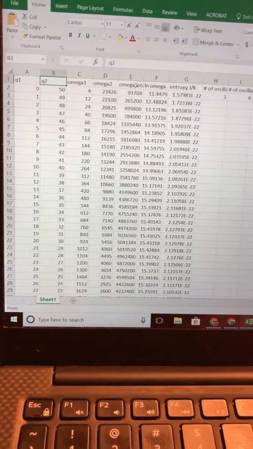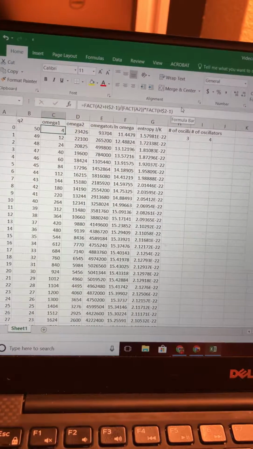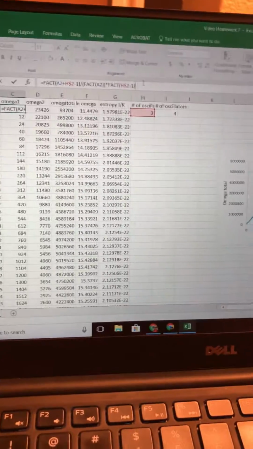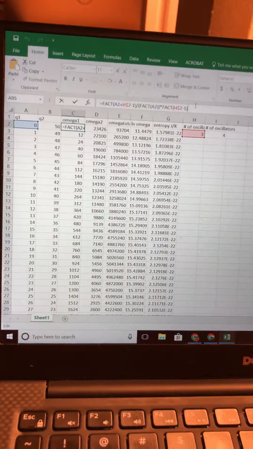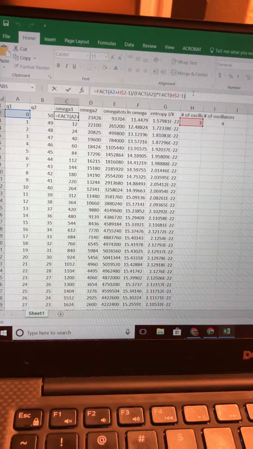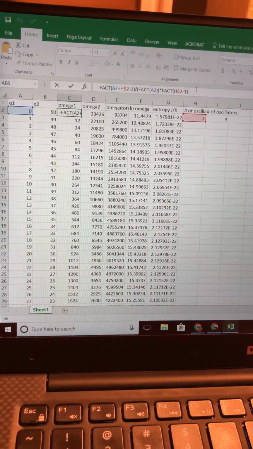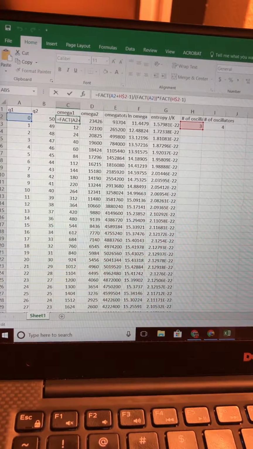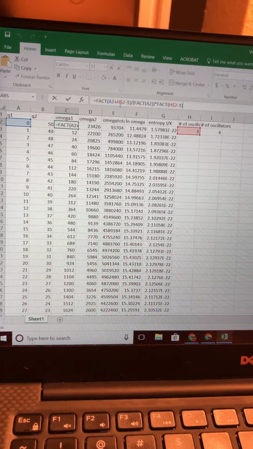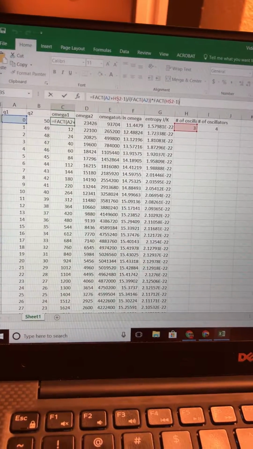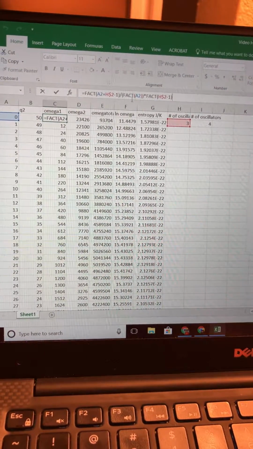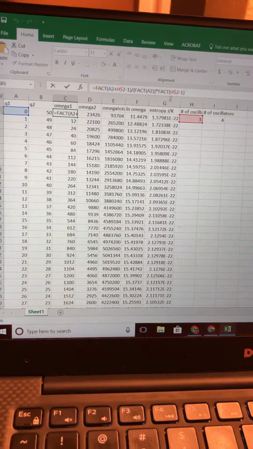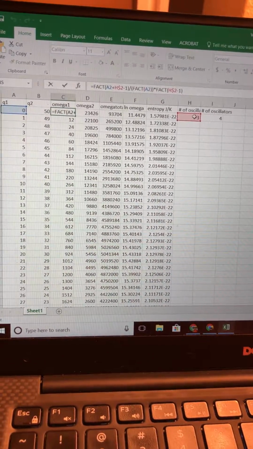And then for omega 1, you can come up to the screen at the very top and see the little equation I used. I used factorial of A2, so that's Q1 plus 3, and 3 was held constant when I scrolled this down because you just put a dollar sign in front of it to hold it constant, minus 1, divided by the factorial of A2, which is 0, or the Q1, the energy, times the factorial of n minus 1, which is just 3 minus 1.